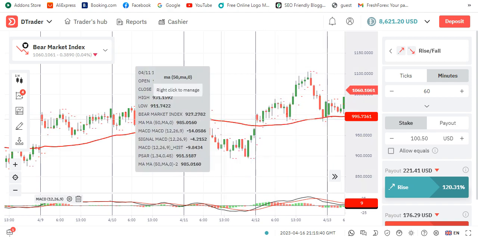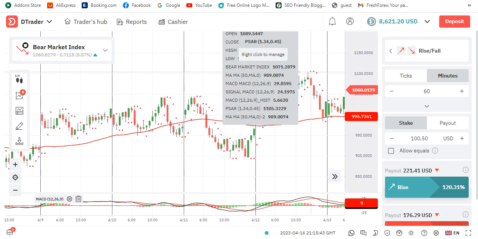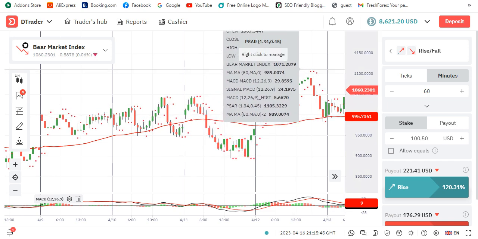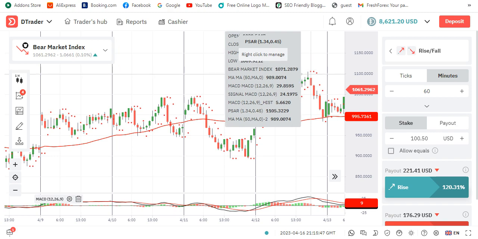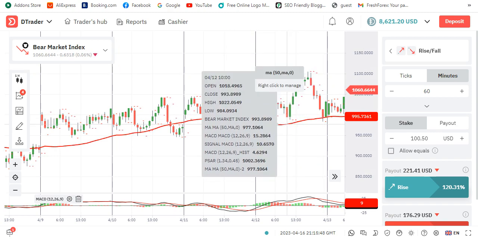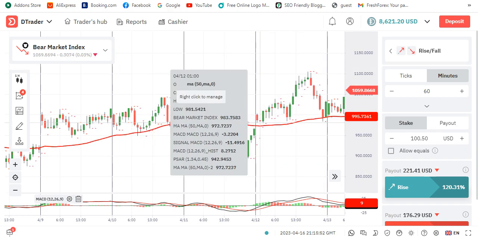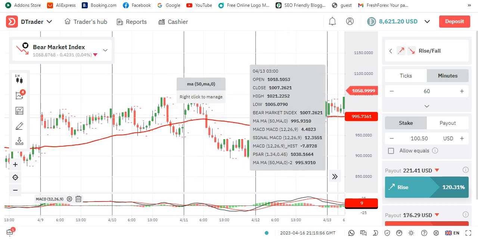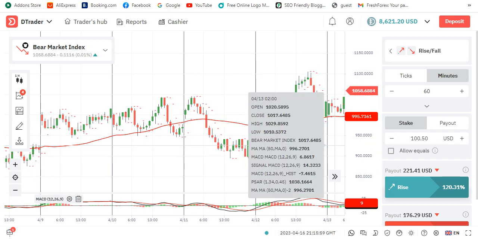Even after the market went to a very high level, it still came down to almost your entering level, so even if you were losing money at that time, you would be losing just a fraction of your money.